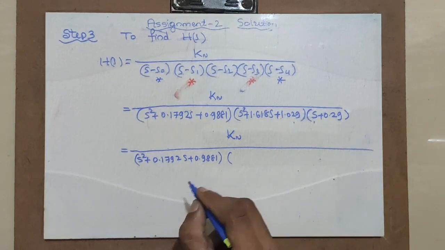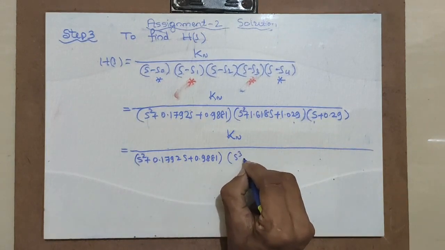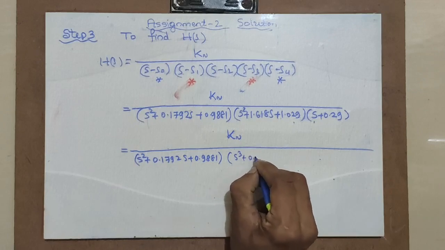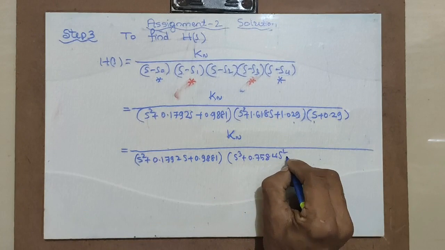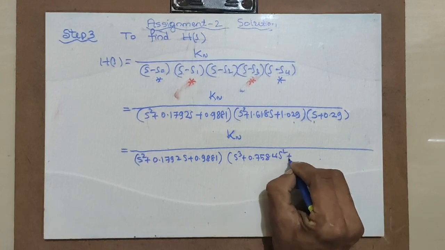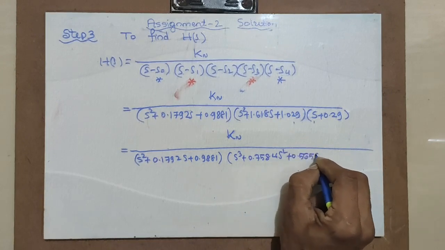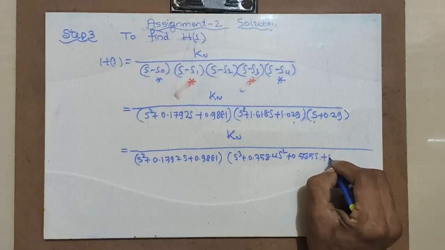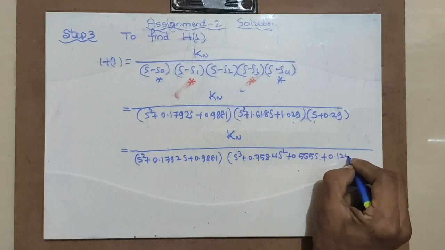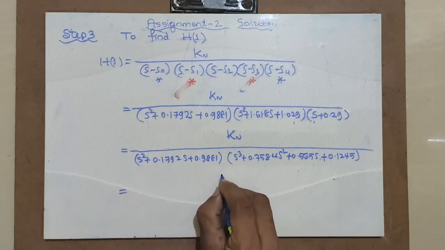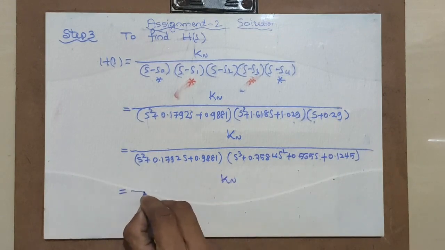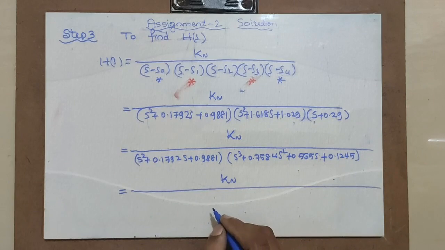That has resulted me, you please verify, s cube plus 0.7584 s square plus 0.565s plus 0.1245, and then multiplying these two again, Kn divided by, there is a big multiplication, I will send a photo.